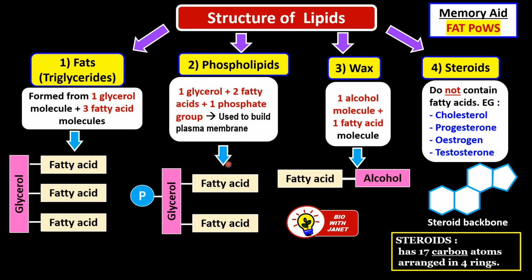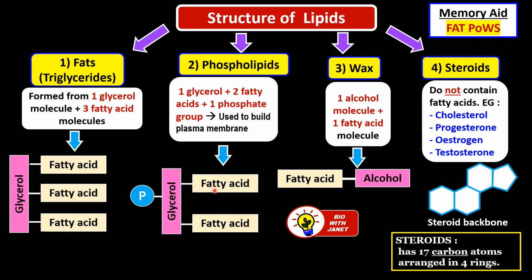Okay, so here we see 1 phospholipid molecule, and you can see here 2 fatty acid molecules attached to 1 glycerol molecule. So the difference between phospholipids and fats is that the phospholipids have only 2 fatty acid molecules, but the fats have 3 fatty acid molecules in each molecule.